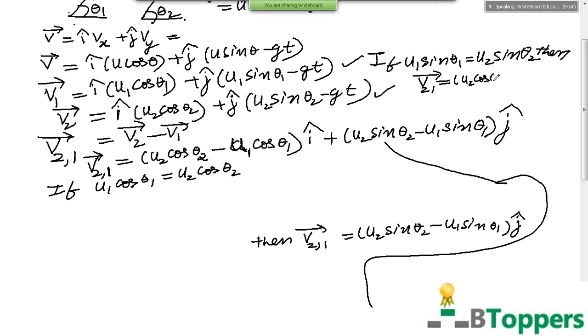So you can write (u2 cos theta 2 minus u1 cos theta 1) i cap, and you can substitute 0 for the other term. That means if the vertical components of initial velocity of the two projectiles are equal, then the relative velocity between the two projectiles acts in the horizontal direction. So the path followed by one projectile relative to the other will be a horizontal line if the vertical components of initial velocity are equal.